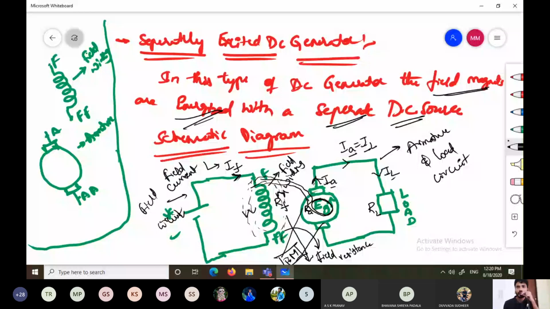As the armature and load are connected in series, the same current passes through this circuit, so IA equals IL. In this way mechanical energy gets converted into electrical energy. This is the operation of the separately excited DC generator. Hello, any doubts?